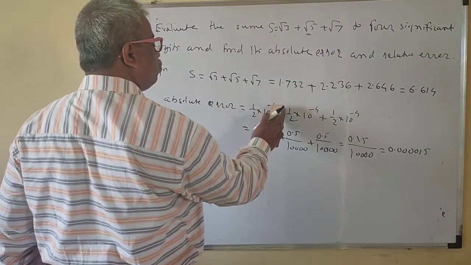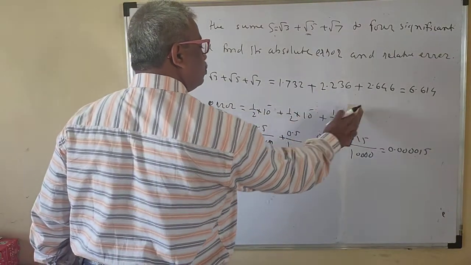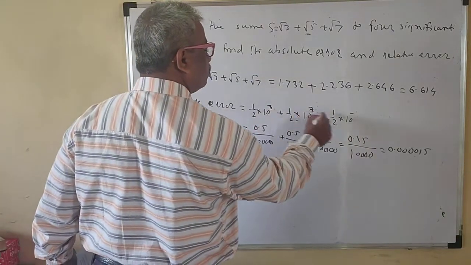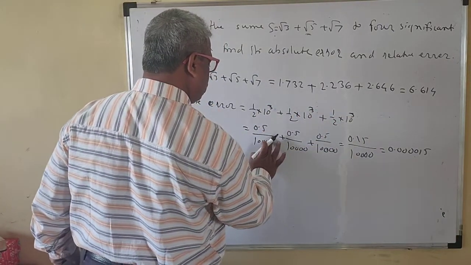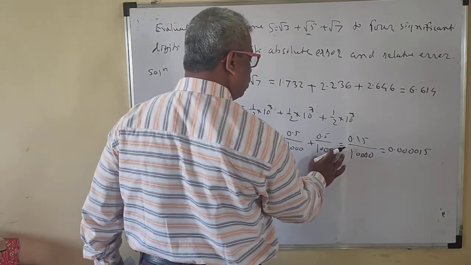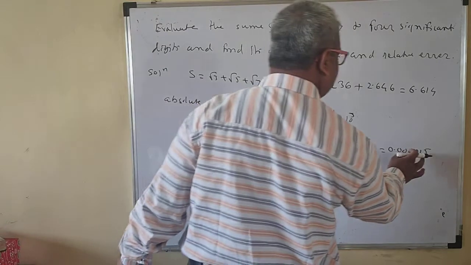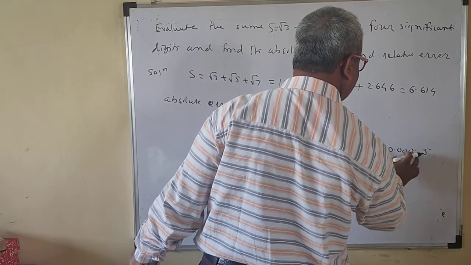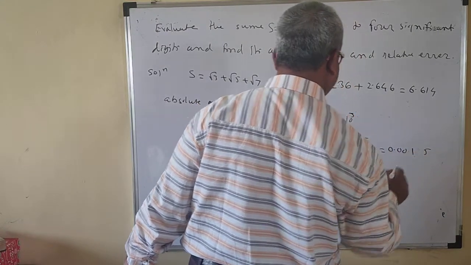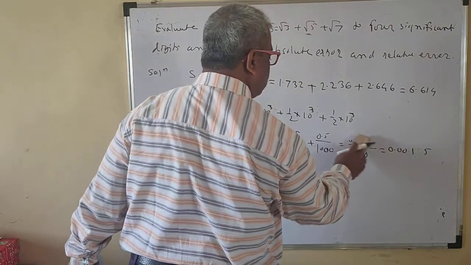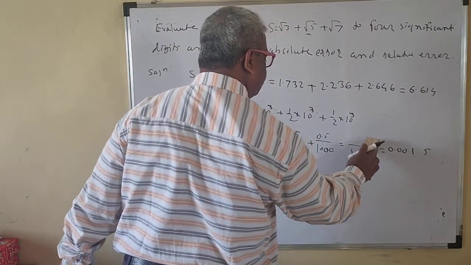So here it should be 3 now. This is not 0.15 actually, this is 1.5.